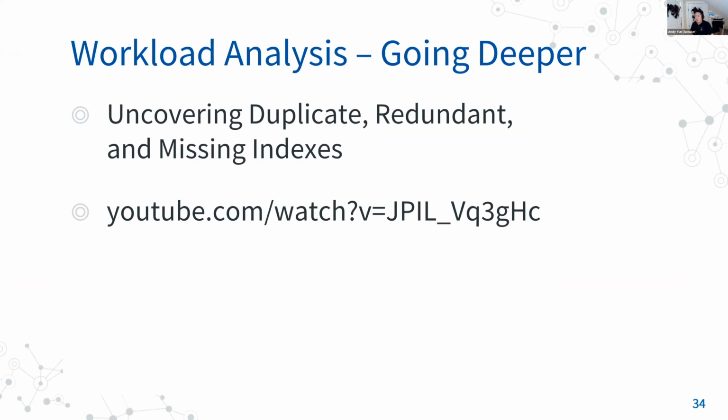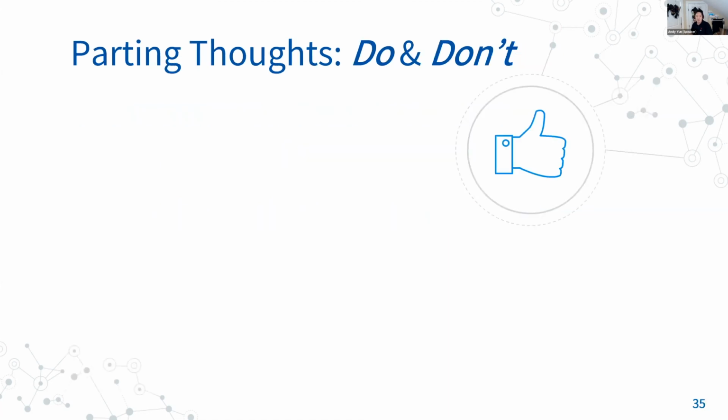I strongly encourage you to watch this presentation. It's a really good one, and adding it to what I covered today about missing indexes and the new information in 2019, combined with the duplicate and redundant knowledge, will help you do that workload analysis if that task comes your way.